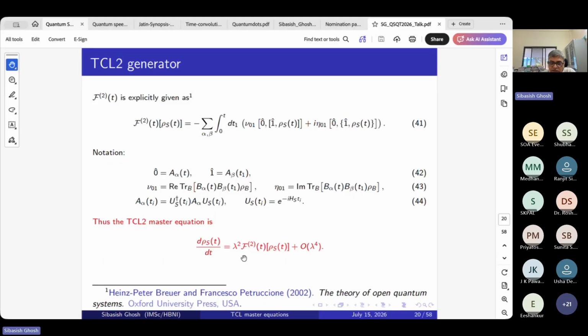So d rho s dt is equal to lambda square f2 of t plus order of lambda to the power 4. Therefore, this equation is correct up to basically the third order in lambda. Anyway, third order will not appear. So this is what you will get for TCL2. This is your TCL2 master equation, time convolutionless order 2 master equation.